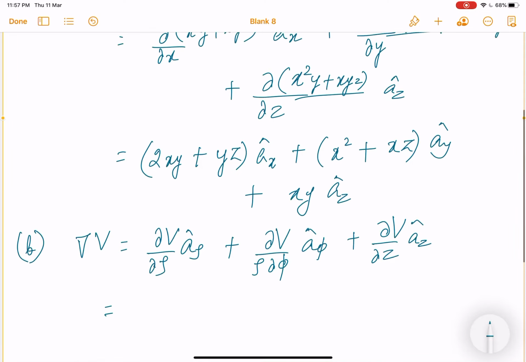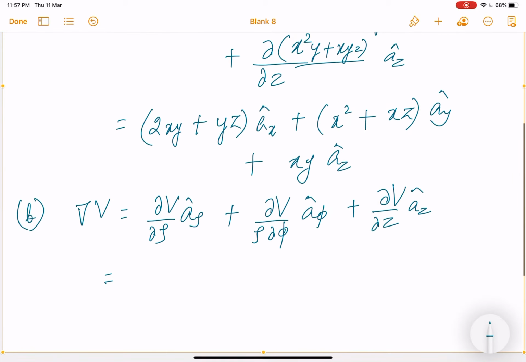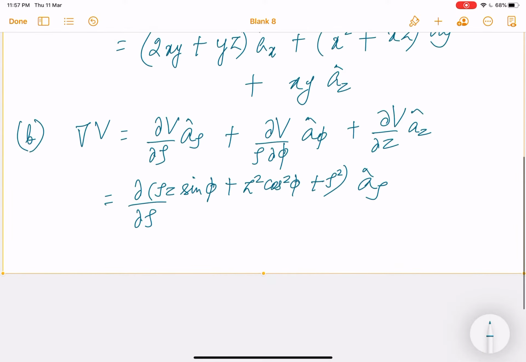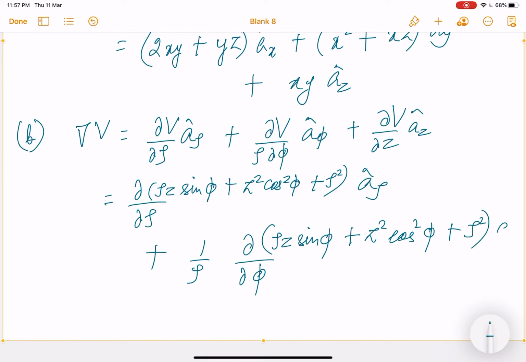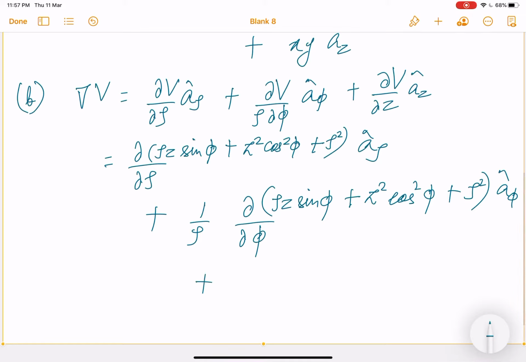The question has ρz sinφ + z² cos²φ + ρ². Then 1/ρ ∂/∂φ of the same. These are all partial differentiations, so there's just one variable you differentiate and the others are treated as constants. Then plus ∂/∂z of ρz sinφ + z² cos²φ + ρ² a_z cap.